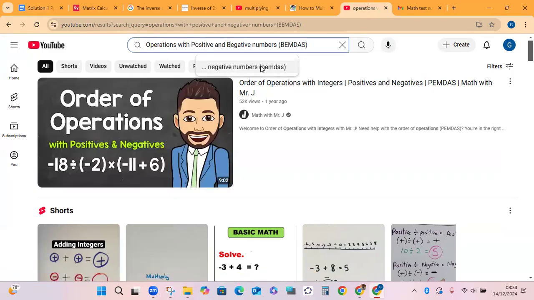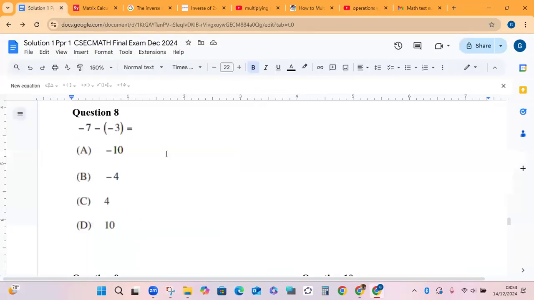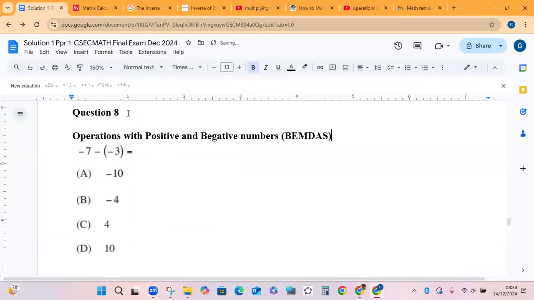So that's why you have PEMDAS, and E for exponent, M for multiply, D for divide, A for addition, S for subtraction. So you can use BEMDAS or you can use PEMDAS, P for parentheses. That is the topic that is being tested here.